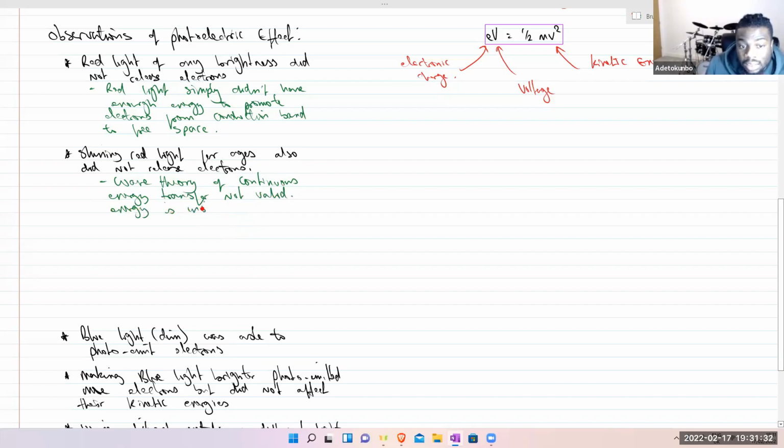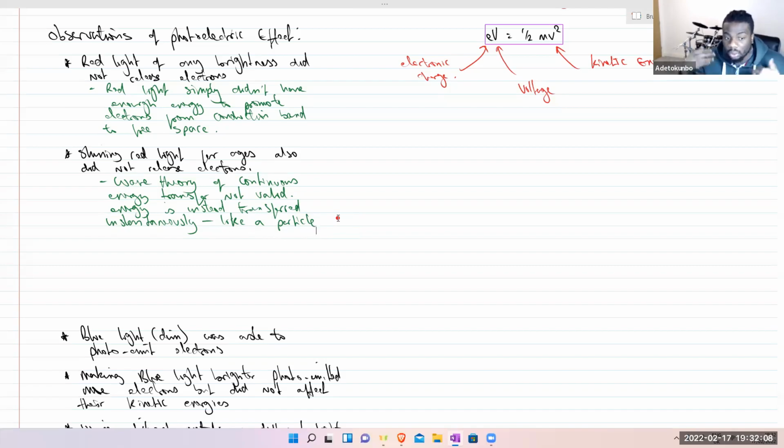Energy is instead transferred instantaneously, like a particle. Okay, so when you hit a snooker ball onto the blackboard or whatever, the energy is instantaneous. It's a lot different from thinking that you're going to build up energy continuously by shining light for a while.